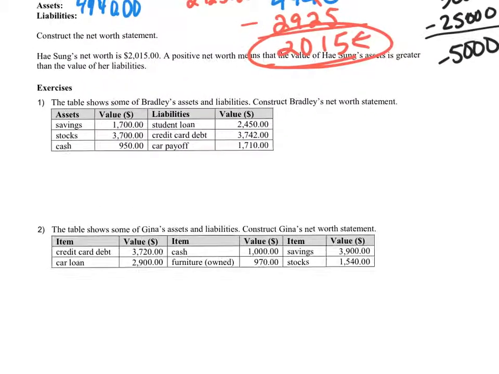Okay, so let's finish this, guys. Okay. So the table below shows Bradley's assets and liabilities. Construct Bradley's net worth statement. Okay, let's decide what's assets. Savings is an asset. Stocks is an asset. Cash is an asset. And all of these are liabilities. Actually, it's already broken down. I don't know why it asked us to do that. So we're going to add them all up.